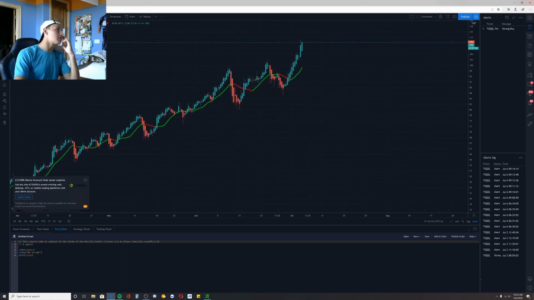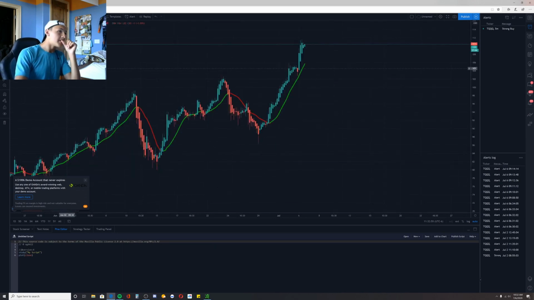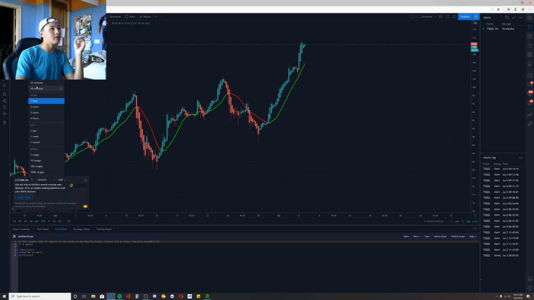June 30th at basically 1:30, keep going down. Now we got a green indicator at 9:30. Then we got a green indicator at 8:30. And then we got an indicator.